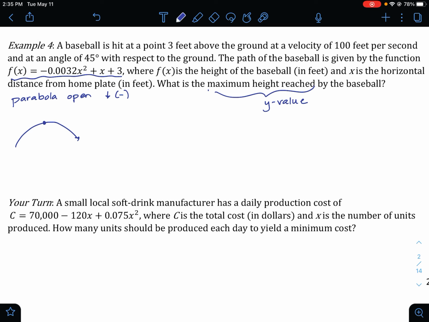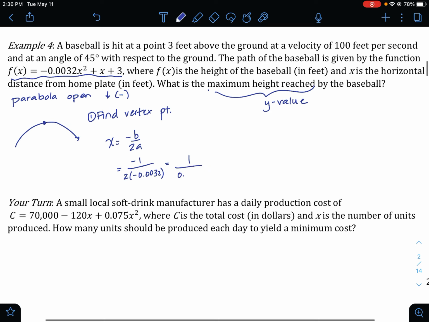So the first thing we have to do is find our vertex point, and that is x equals negative b all over 2a. So negative 1 all over 2 times, which gives us negative, well, they're both negative, so let's go ahead and make that a positive, 1 over 0.0064.